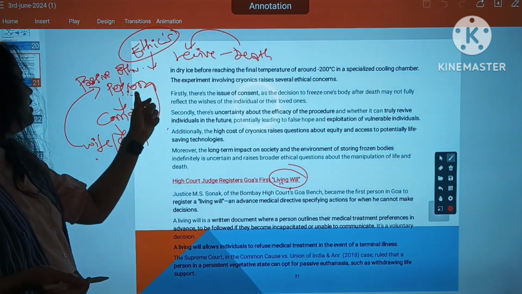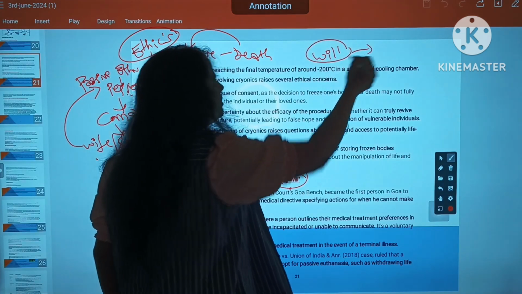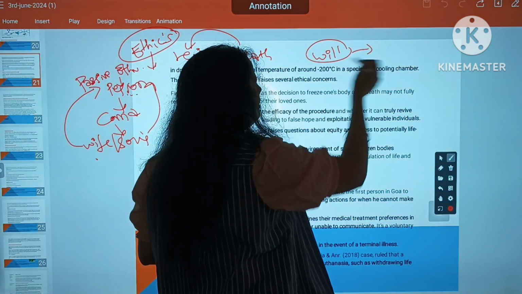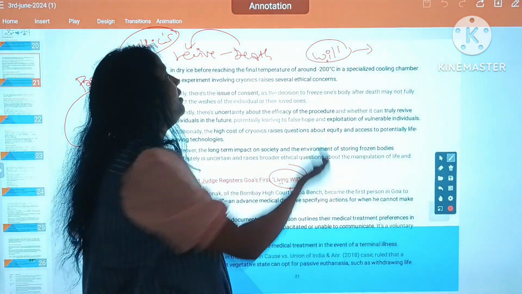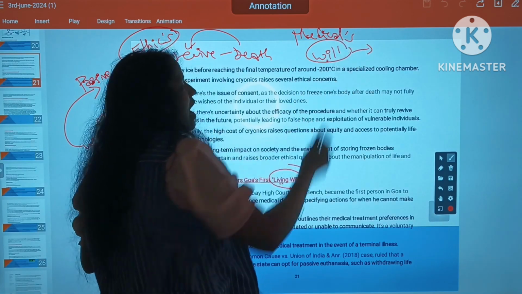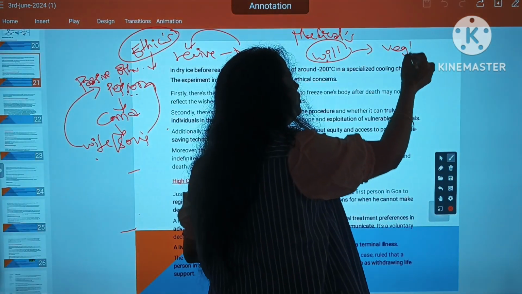Living will concept means, suppose a person writes a will, already a person writes a will, to whom his property goes after his death. In the same way, it is a medical will. He tells what the doctor can do to him after he is in vegetative state.